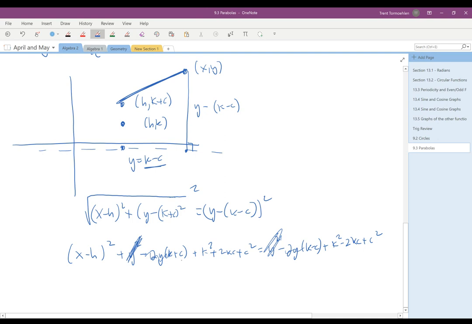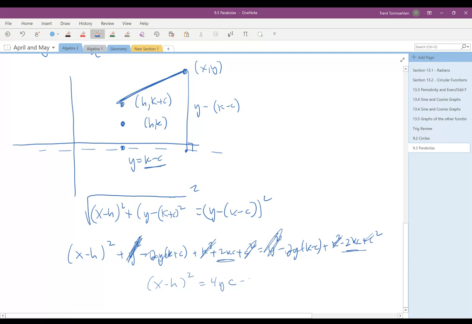Now, notice on the 2yc, this is negative 2yc. This is going to be positive 2yc. So on our right side, we're going to have a positive 4yc on that right side, because we got negative 2yc on the left, positive 2yc on the right. K squared cancels, c squared cancels. Same thing happens with this. We're going to subtract because those signs are different.